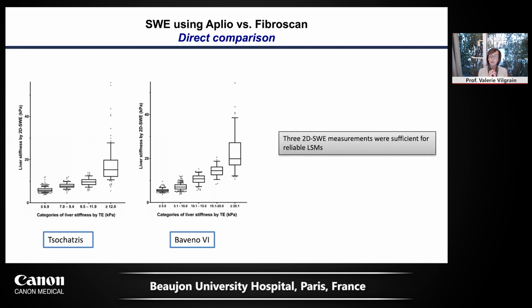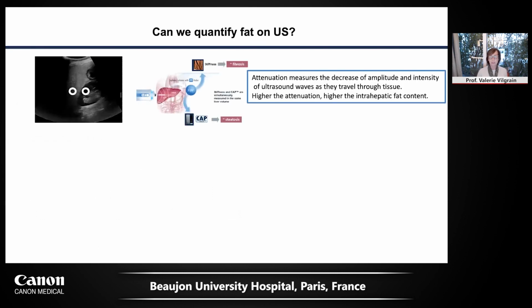And we also looked at the number of measurements needed to get a reliable measure, and we observed that 3 measurements were enough to get a high reliability. So with that, I think we now have sufficient evidence to say that 2D shear wave elastography using the Aplio Canon is extremely reliable and has a high diagnostic performance for liver stiffness assessment.